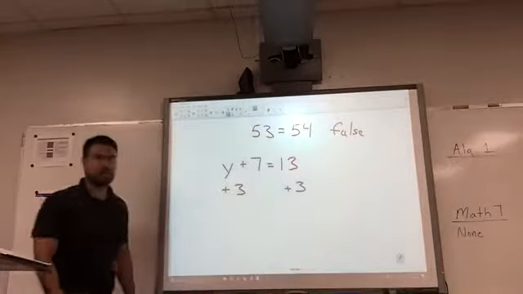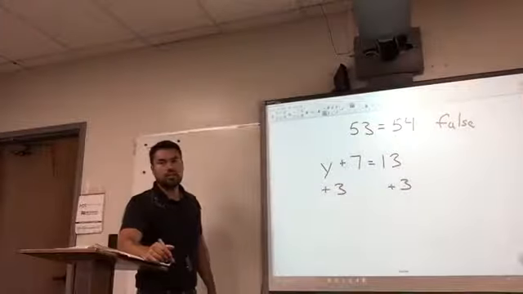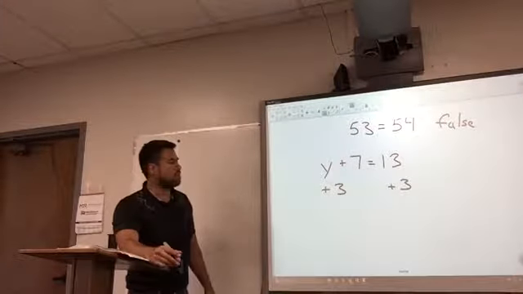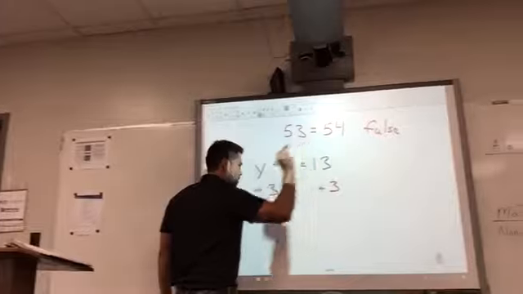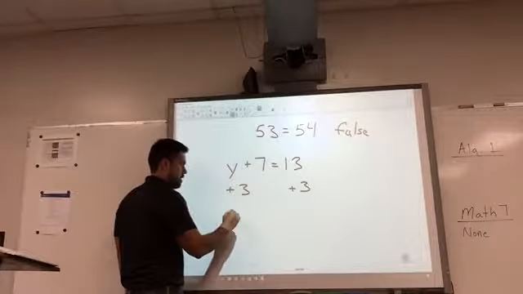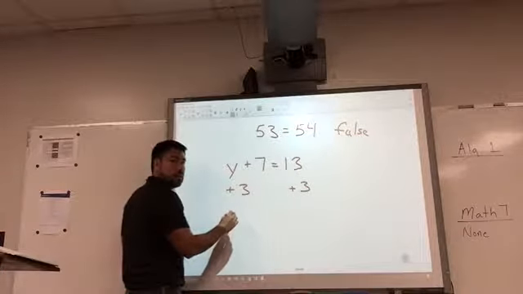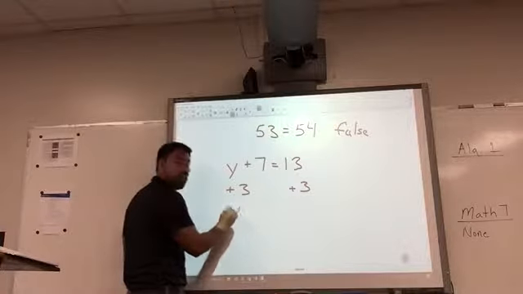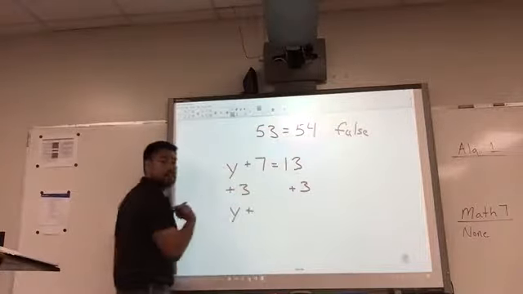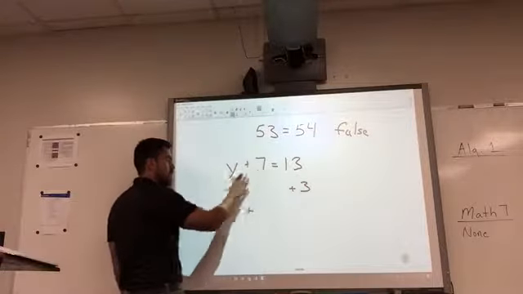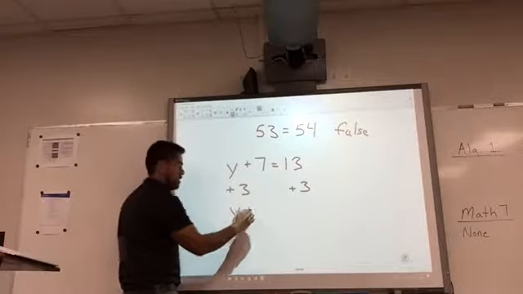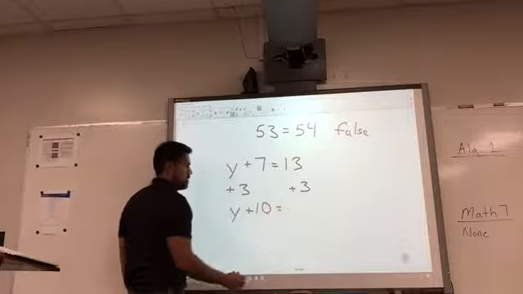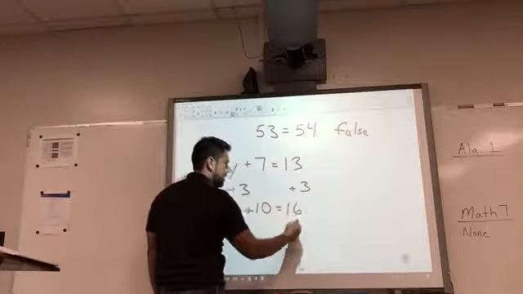What do I get now for my new equation? James, what would you get if I added 3 to both sides? 3 plus 7 equals 16. You'll get y plus 3 on the left. If you added 3 to both sides, you get y plus 10 equals 16?